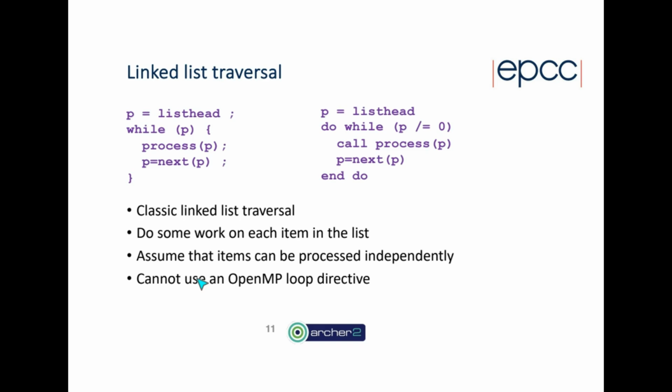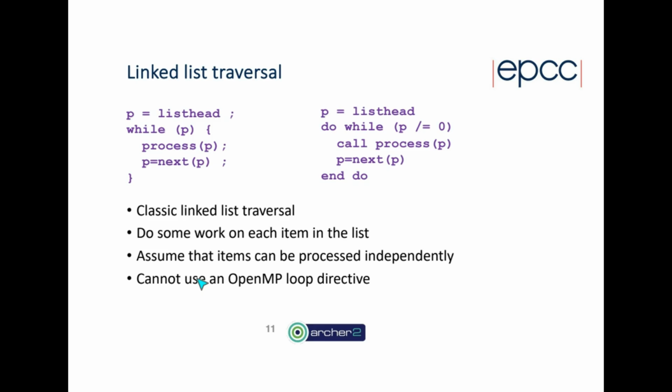You then traverse the list again and make a copy of a pointer to every item into a slot in the array, and then you could execute a regular for loop, which just traverses the array of pointers and calls process. So it is potentially possible to handle this pattern without tasks, but it's rather ugly.